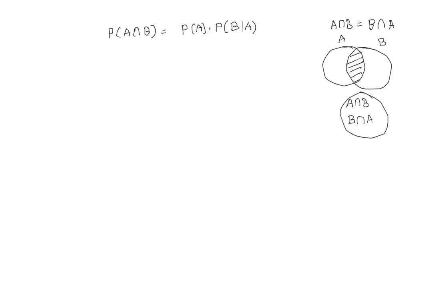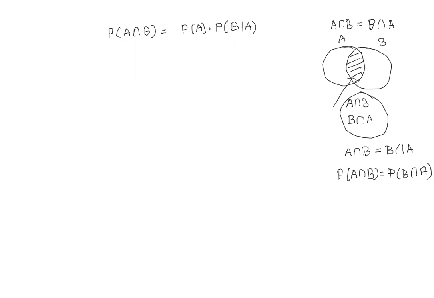A intersection B is equal to B intersection A. The shaded region is the same either way. So we could say the probability of A intersection B is the same as the probability of B intersection A, because in essence, we are referring to the same region.